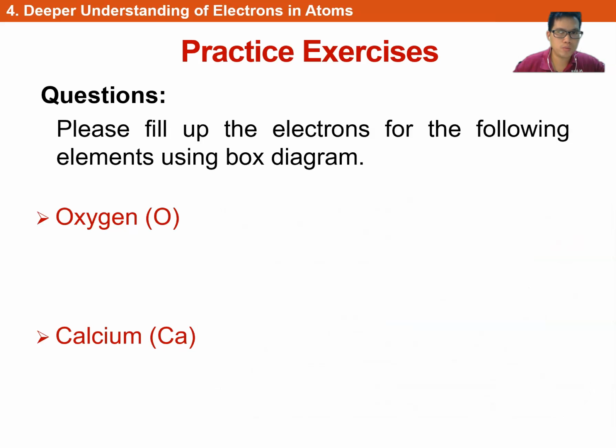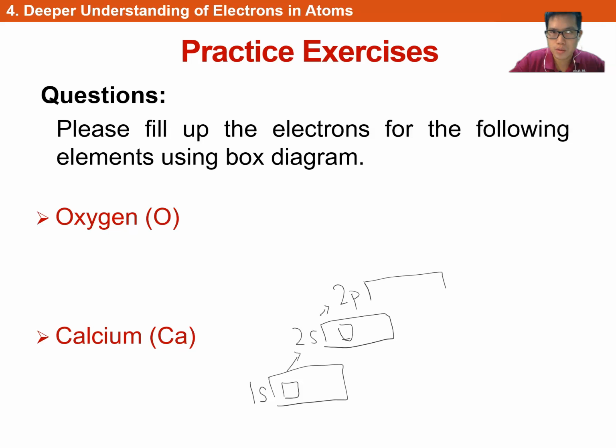So oxygen, we have 8 electrons. Regardless, what you should do is start by drawing the boxes. We draw 1s, then we go to shell number 2: 2s with 1 orbital, 2p with 3 orbitals.